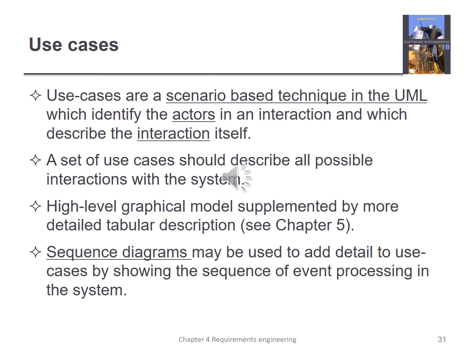It is a high-level graphical model supplemented by a more detailed tabular specification, as we are going to see in detail in chapter 5. Then a sequence diagram may be used to add detail to use cases by showing the sequence of event processing in the system. Again, we don't want to talk about it now because we will cover it in detail in chapter 5.